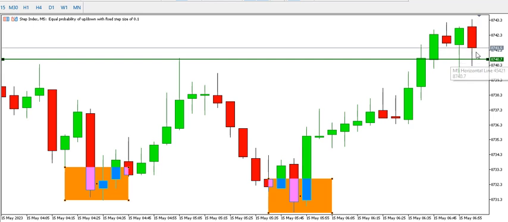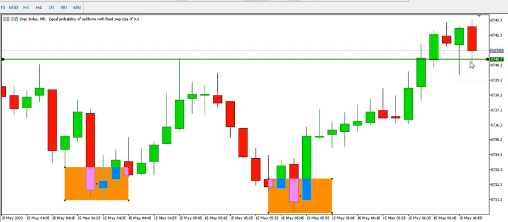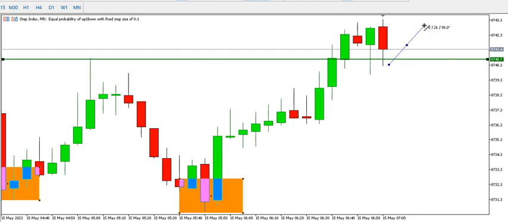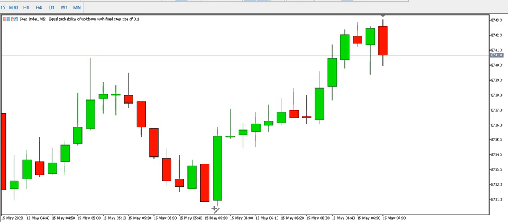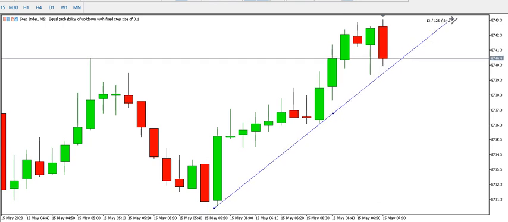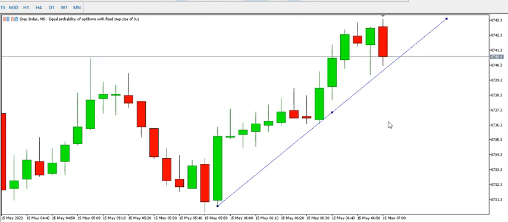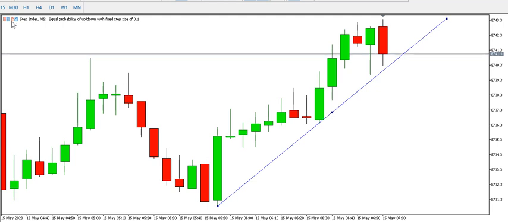If the support here now holds, price is expected to go up. So that's that on the 5 minute time frame. You might look for how to scalp buy until you see a candlestick pattern that shows maybe a bearish pin bar or a bearish engulfing pattern.